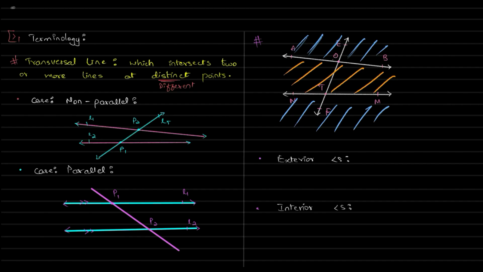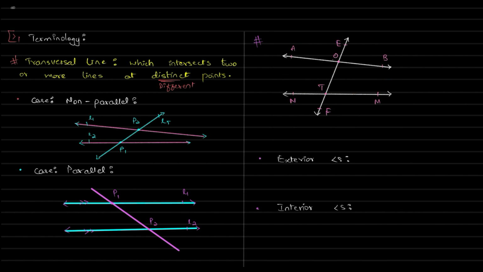Okay, got it? Exterior means not between these two. Obviously it makes sense, right? Interior is between these two, the wall is your interior. Anything outside is your exterior. Should not be too confusing.